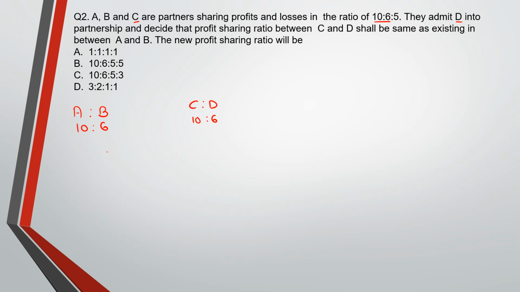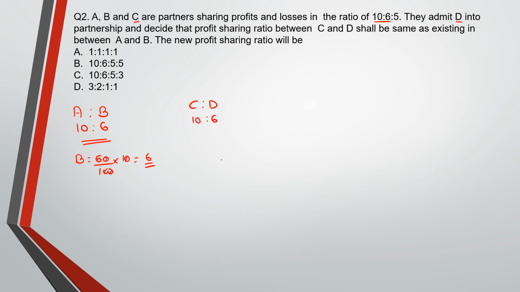So for that purpose, what we have to find out is the relationship between A and B. We can say that B is having 60% of 10. That would make it 6. So B is having 60% of A's share. Okay.